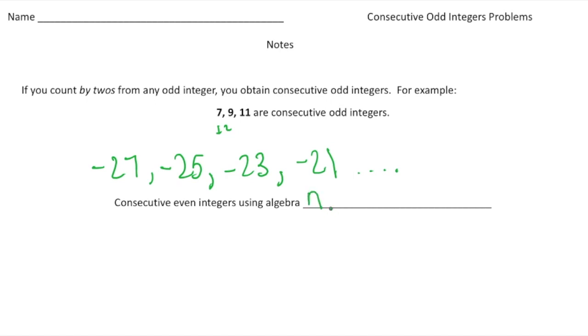Alright? Now, if you see the pattern, all these consecutive odd integers increase by 2. So this increased by 2, and this increased by 2, and that's the pattern throughout. So the next integer is going to be 2 more than n, so it's going to be n plus 2. All right, that makes sense? So again, that's going to be an odd integer. We don't know what it is, but it's odd.